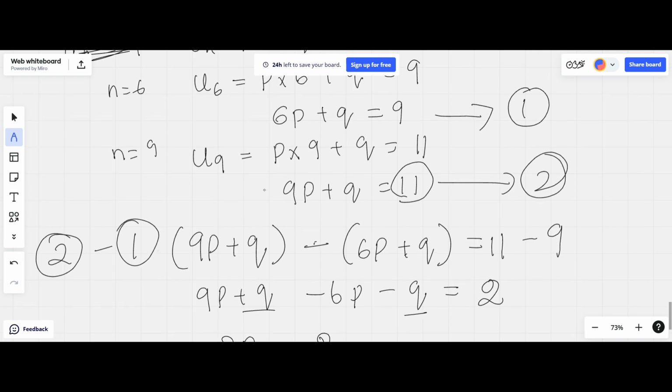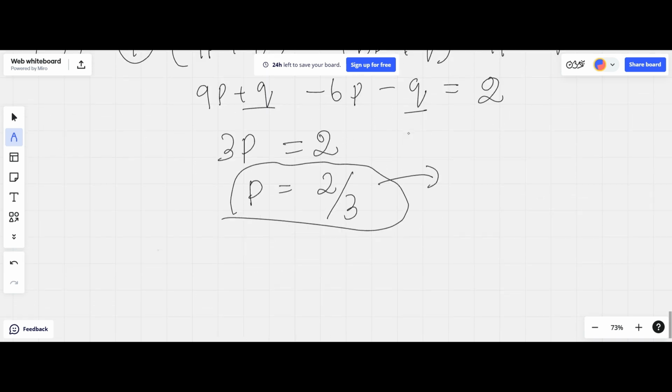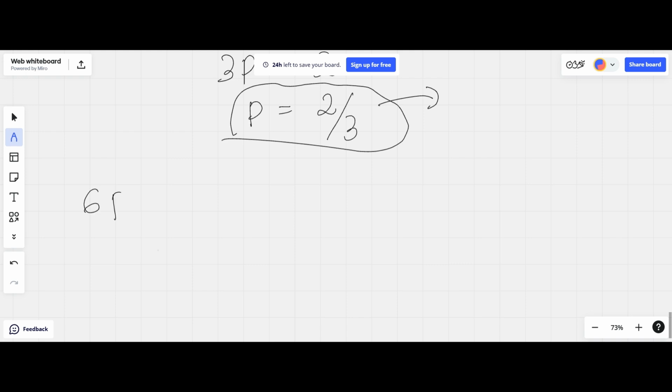Let's take equation number 1: 6P plus Q is equal to 9. Now we know P is 2 by 3.